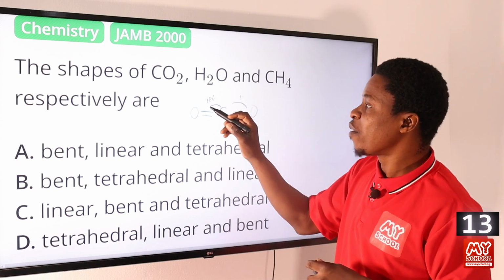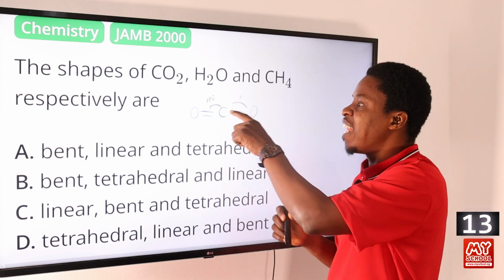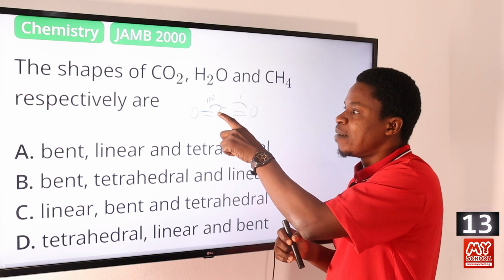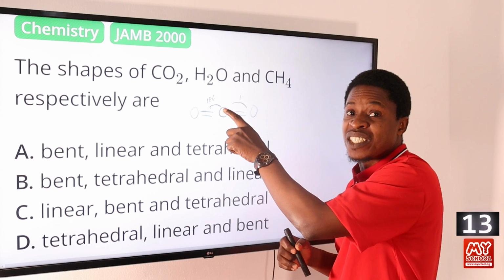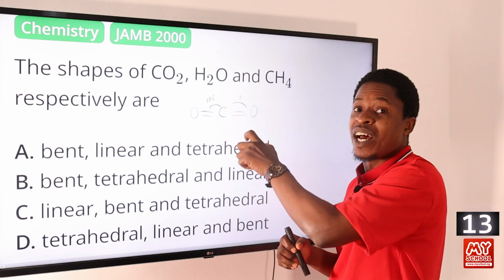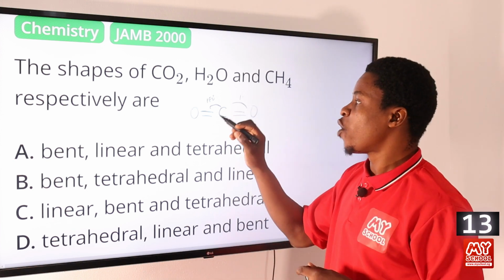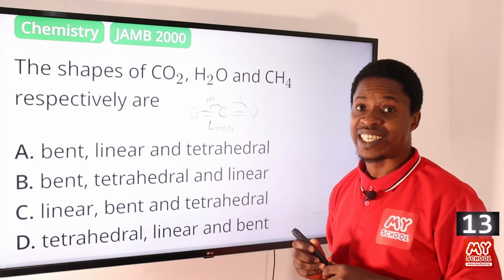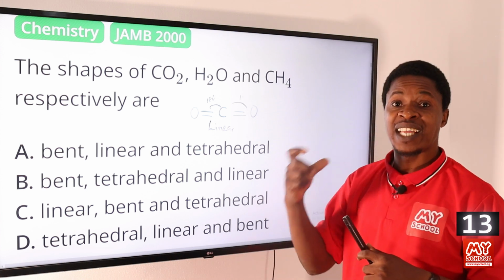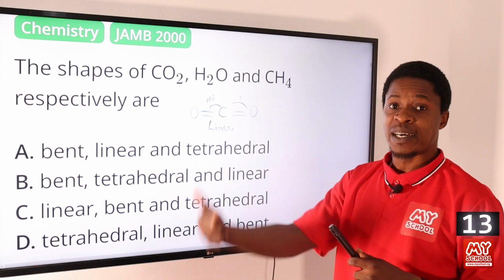The angle here is 180 degrees. So the electron repulsion between the oxygen atoms and the central carbon atom is what gives rise to the linear shape of CO2. Remember what I said about the shape of molecules? It has to do with electron repulsion.